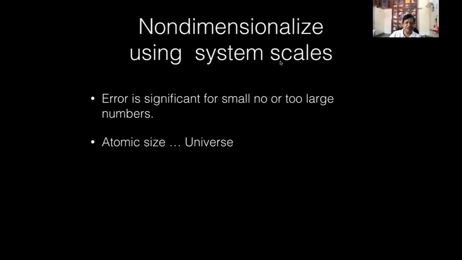So every system has some scales. A scale is like a ruler is a scale, no? So what I meant is, for atomic systems, what is the length scale for this problem? The hydrogen atom can be chosen as a length scale, the size of a hydrogen atom, which is 0.53 angstrom.